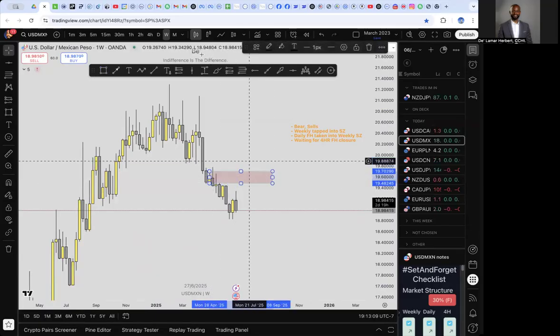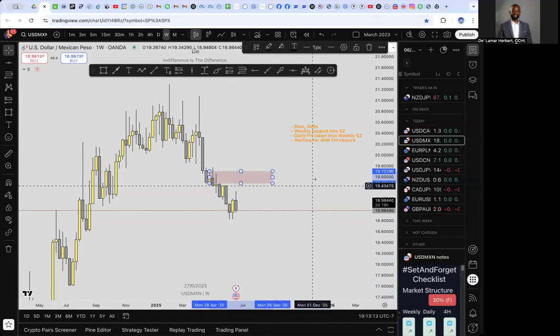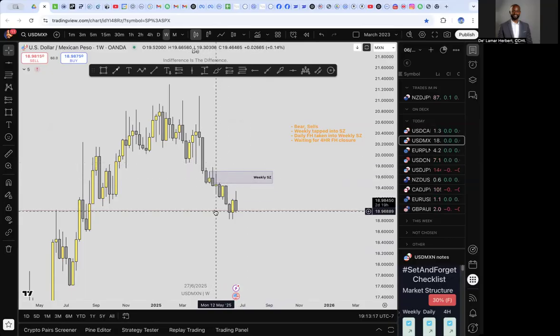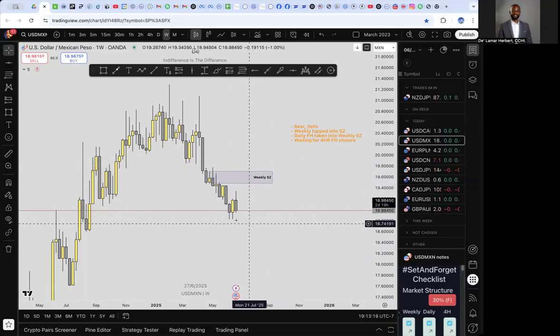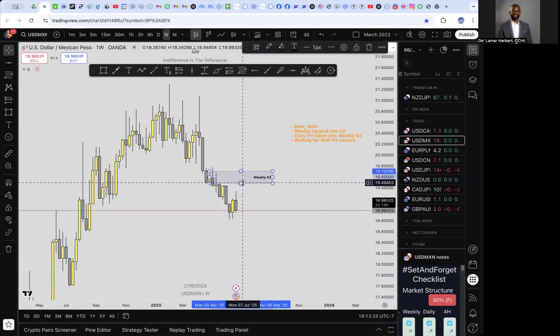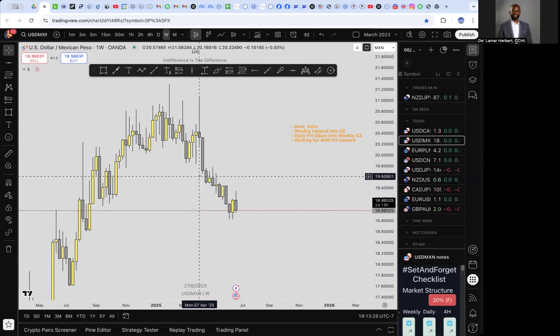So this will be my weekly supply zone. All right, so I'm going to lower there. Yes, that's the weekly supply zone. Okay, we got another weekly supply zone. You know what? I'm not going to count that.